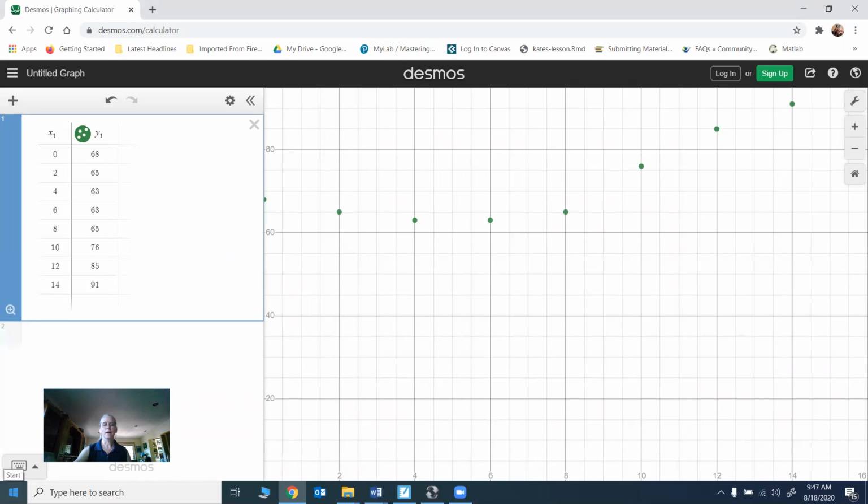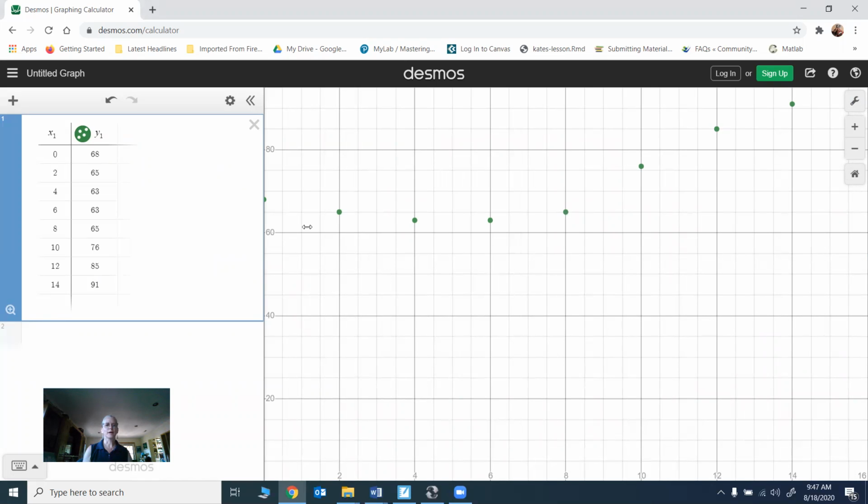They do want me to estimate the temperature at 11 o'clock. So remember, this is midnight, 2, 4, 6, 8, 10, 12. So 11 o'clock is somewhere in between. I can fit this curve.